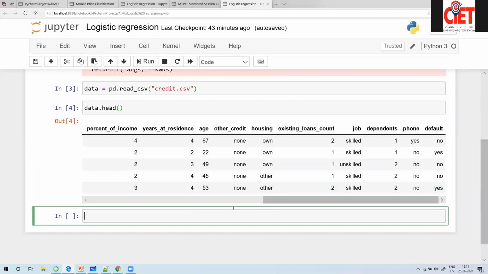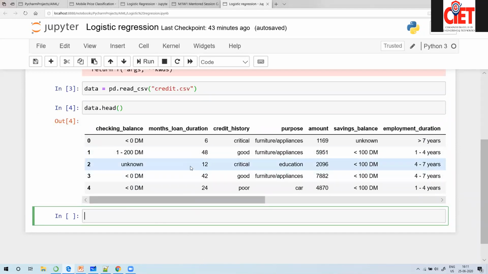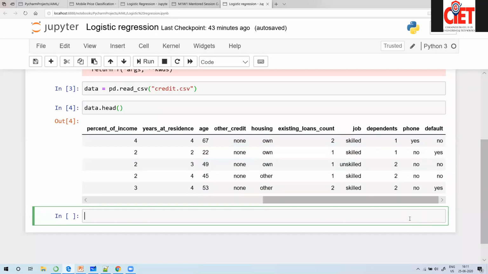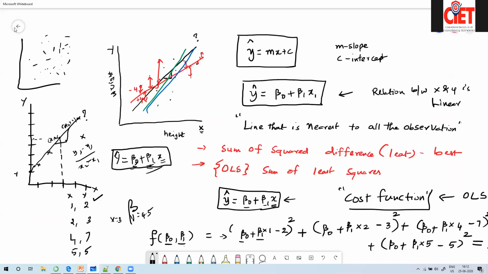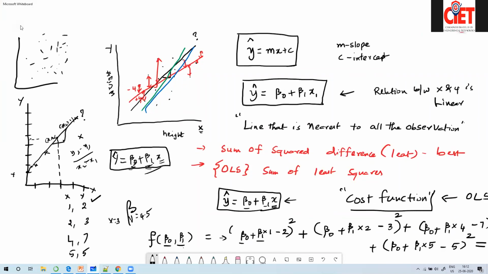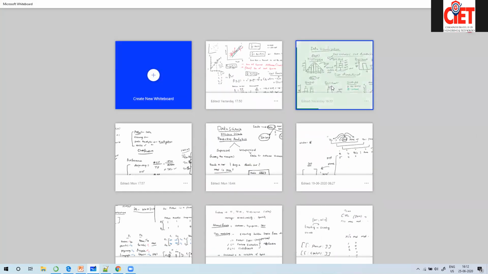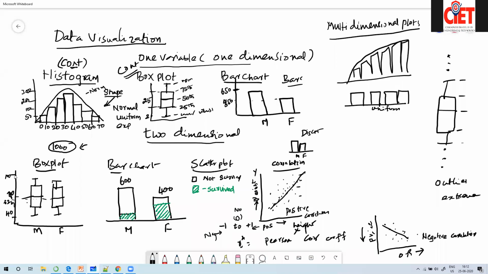Now, is there a relationship between months loan duration and default? How do we know this? So we have to figure that out. If you remember the rule that I told during the visualization class, one of them here is a continuous variable.